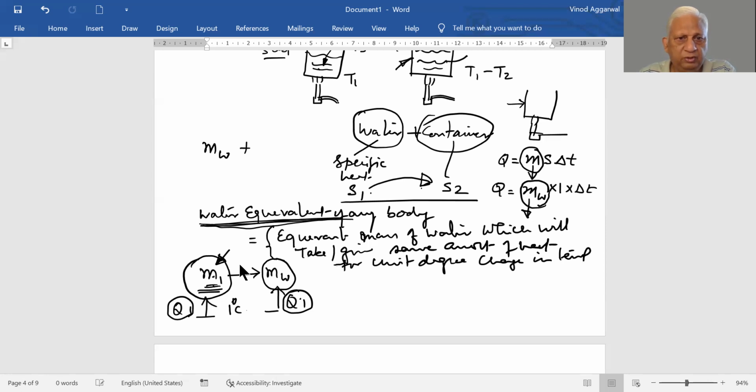Because ultimately what will happen is M1, S1, delta T is the same as, with the specific heat of water being 1 and delta T the same, the mass of 1 into the specific heat of the material. So if a body has more water equivalent, it is on account of the specific heat of the material.